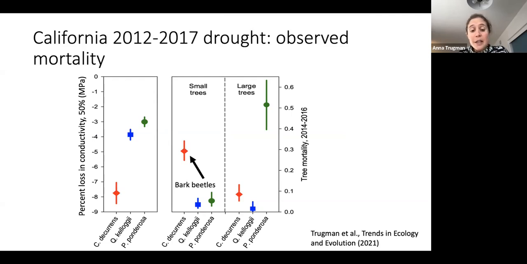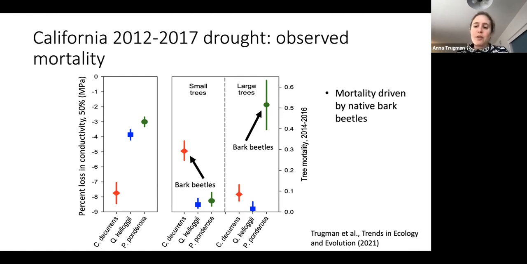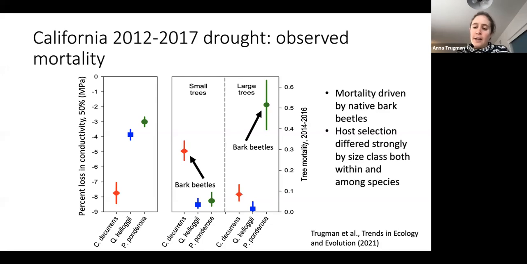This was mainly due to native bark beetle infestation, which we were able to diagnose because of the wealth of data that Nate Stevenson and Adrian Das have collected at these plots. And in the case of the larger trees, the main mortality in ponderosa pine was also due to bark beetles.